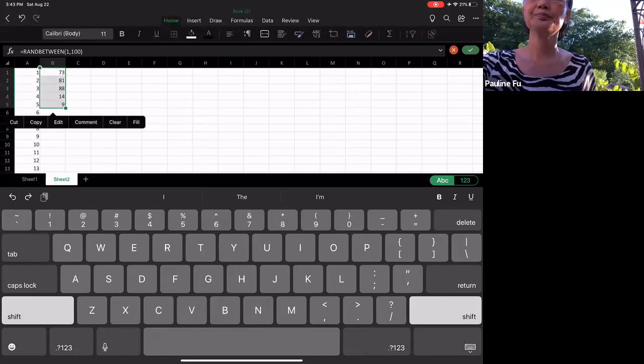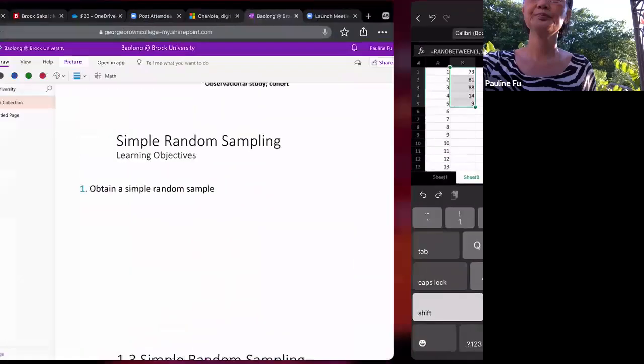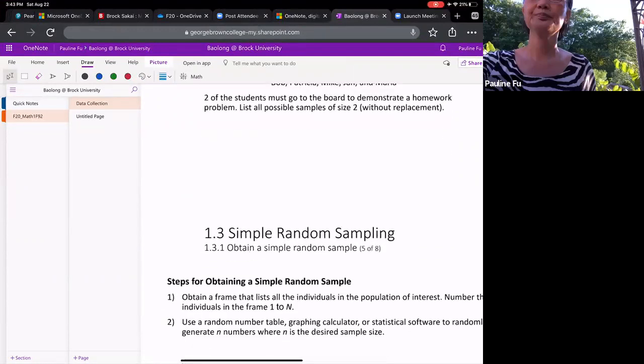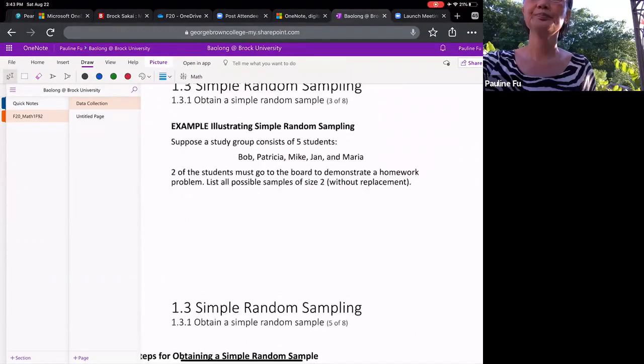Okay, so the numbers I get are these 5 numbers. That means students with number 73, 81, 88, 14, and 9 are being selected. Okay. So that is the simple random sample Excel demonstration. Now let's look at another example.